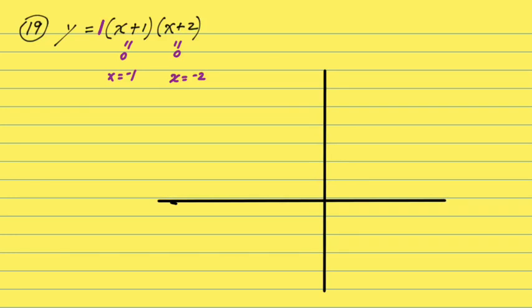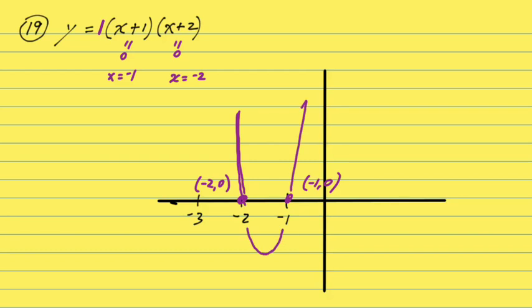So I'm going to mark off -1, -2, and so forth. So it's going to hit at -2, 0, and it's going to hit at -1, 0. I know it opens upward. What's exactly halfway between these? Would it be -1.5?